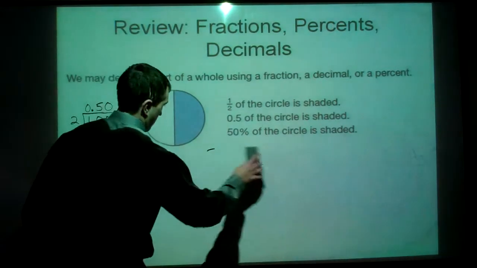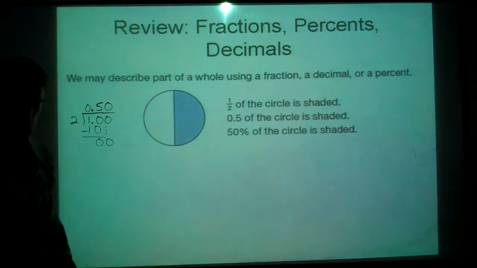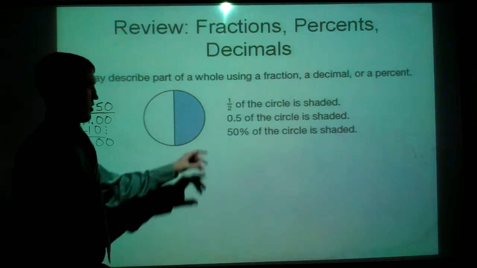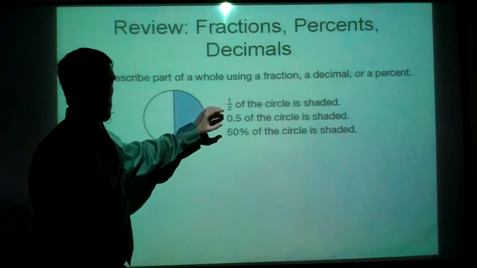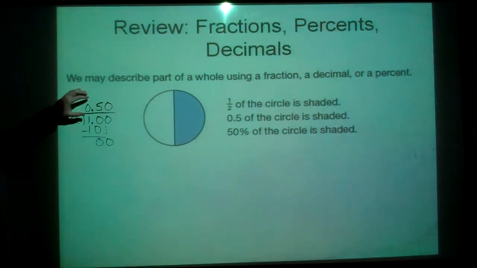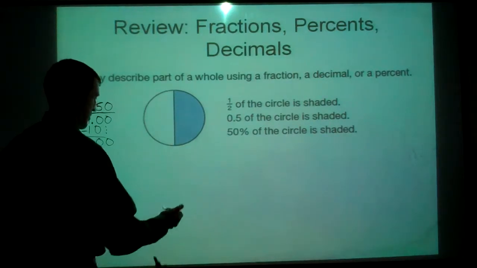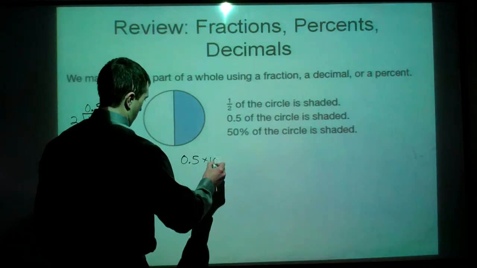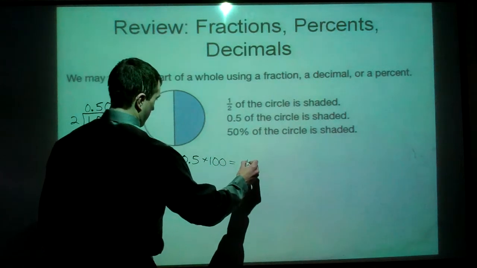I'm going to leave that up there. Now to get to a percent, we just do the division, so we would have done 1 divided by 2, and then we multiply by 100. So we did 1 divided by 2, and we got 0.5. So 0.5 times 100 equals 50.